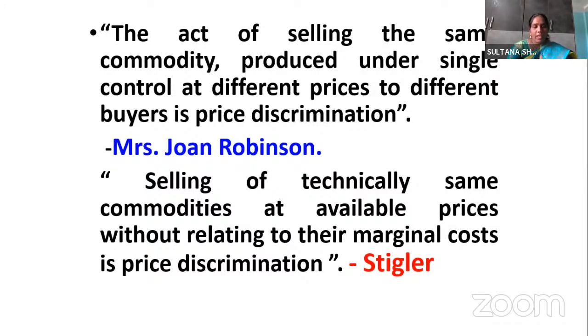Another definition, according to Stigler, is that selling of technically the same commodities at varying prices without relating to their marginal cost is price discrimination. So if we observe these two definitions and the general definition, price discrimination is nothing but selling the same product to different people at different prices.